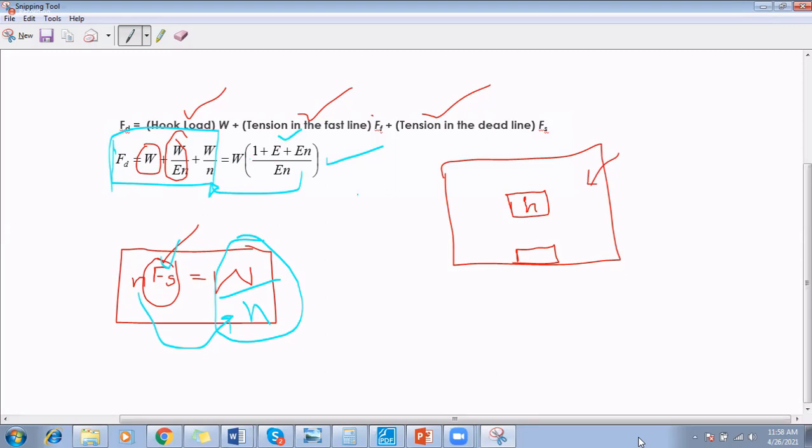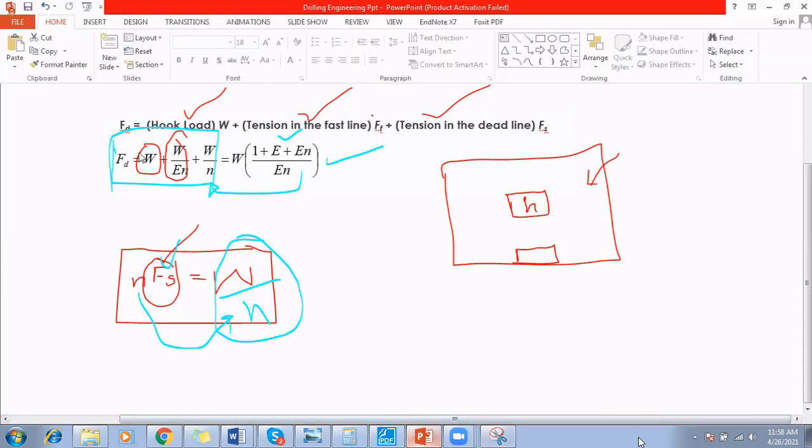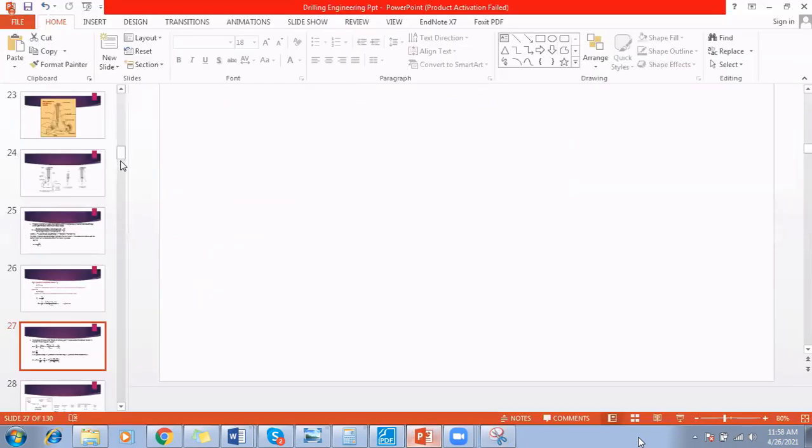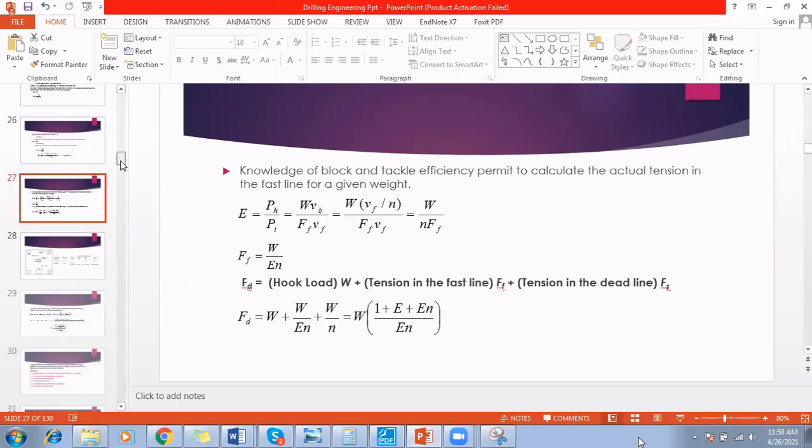Okay. So this is what this final relation is showing. This is actually showing the total load on the derrick, and I think I should end our today's session here.